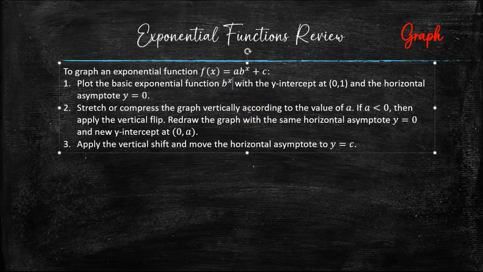Remember that this one has an asymptote, so when you stretch it, only vertical, you have to be careful. Vertical shifts shift horizontal asymptotes, but don't shift vertical asymptotes. Horizontal shifts don't shift horizontal asymptotes, but do shift vertical asymptotes.